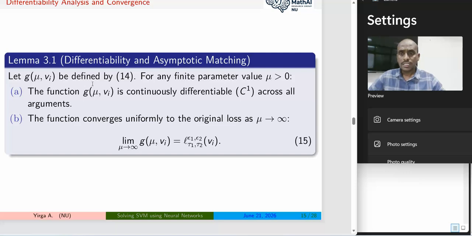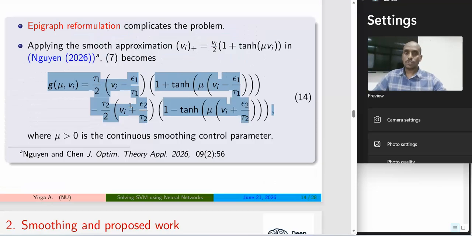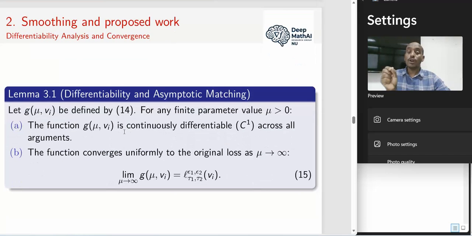But before going to the optimization problem, as we are removing the non-differentiability property of the generalized pinball loss, we have to make sure that this approximation is differentiable, and that it really approximates the generalized pinball loss.